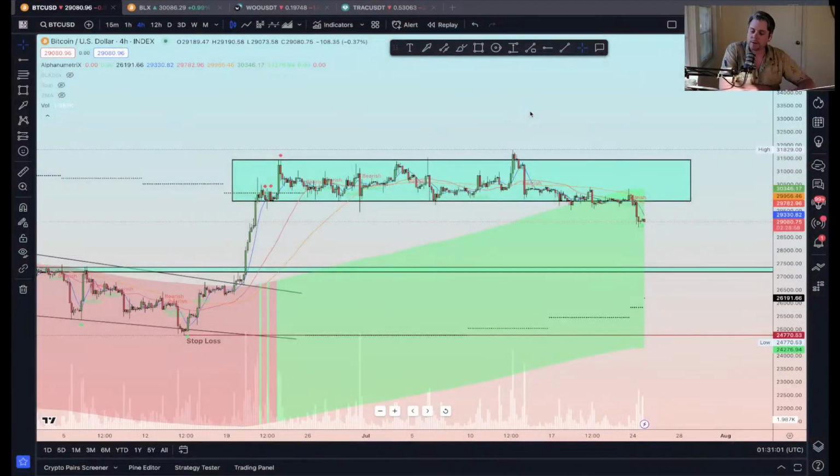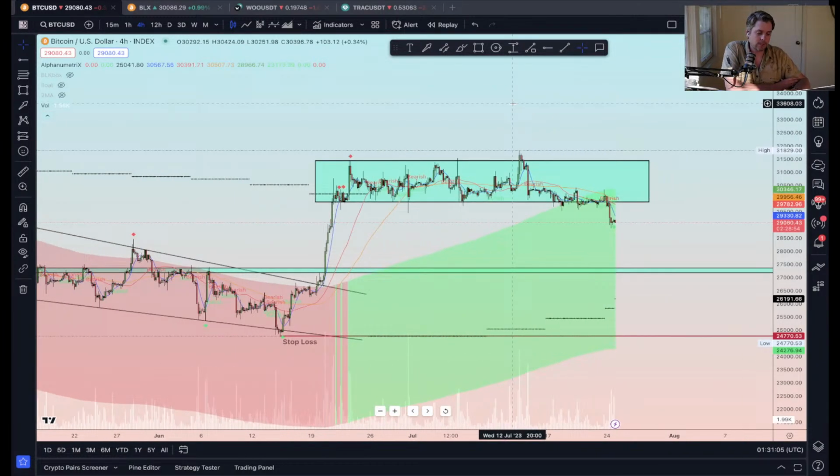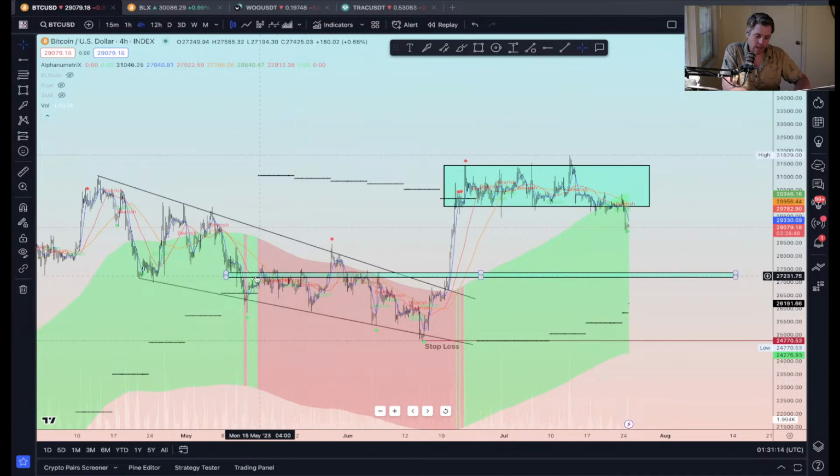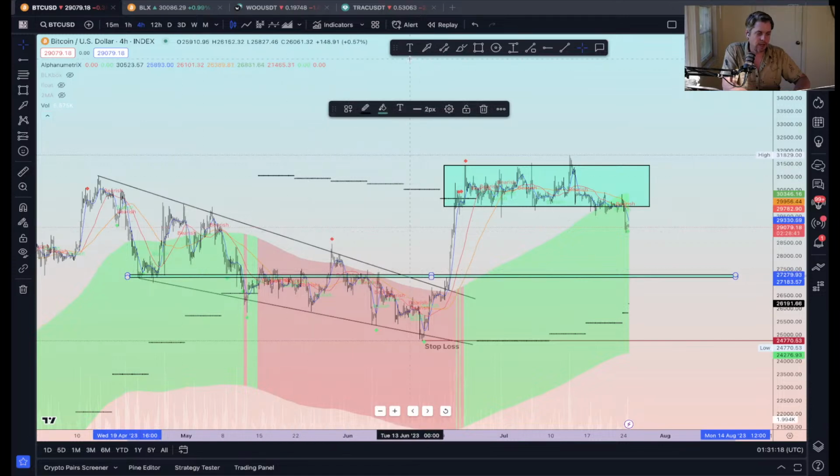Now, we usually start on higher time frames, but in today's video, we're going to start here on the 4 hour. So this consolidation has broken to the downside. Targets from a TA point of view, looking at support and resistance, you can see back here, we did hold this level as support.